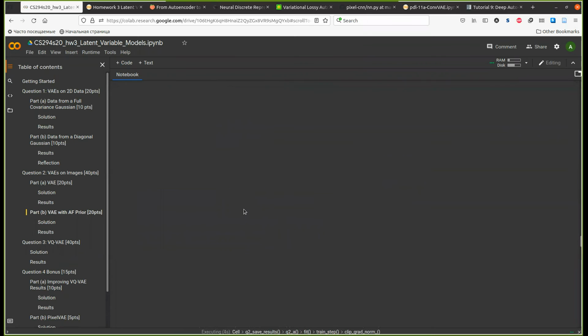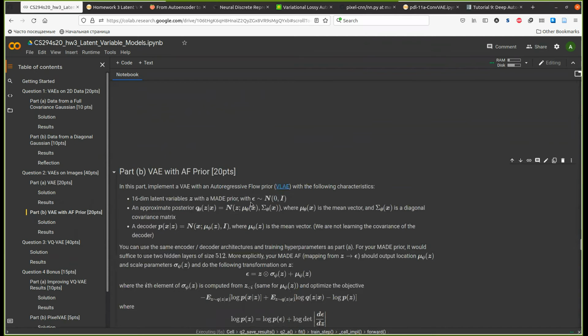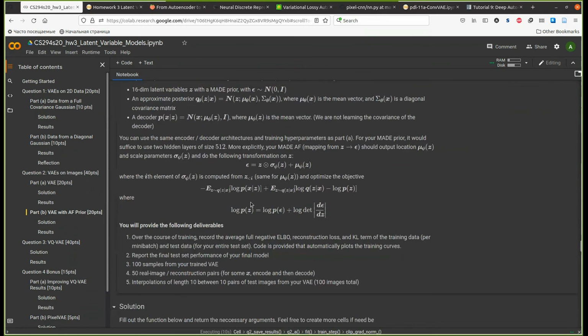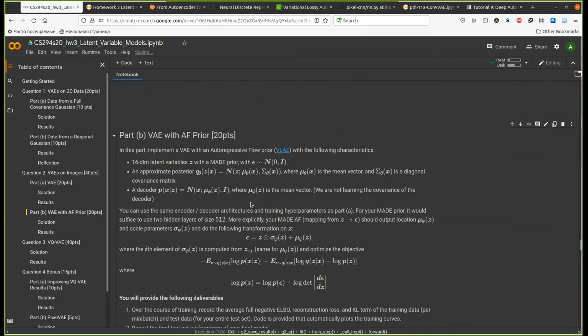Okay, and yeah, let's move to the next part, and we will be talking about the variational autoencoder with autoregressive flow prior.